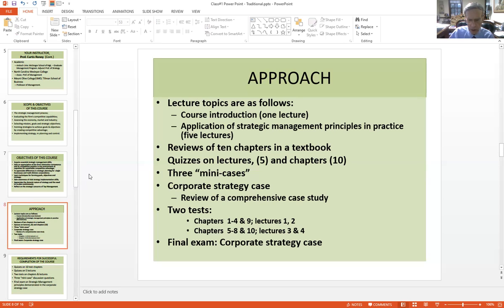I've chosen 3 collections of mini cases in 3 different chapters, and I'll be asking you to write your assessment of what these cases mean or how principles of strategic management apply to them.